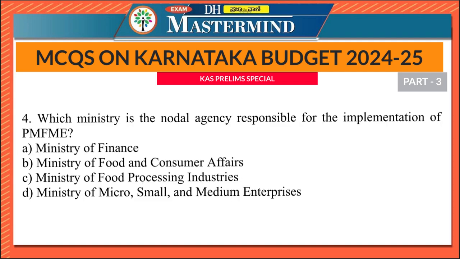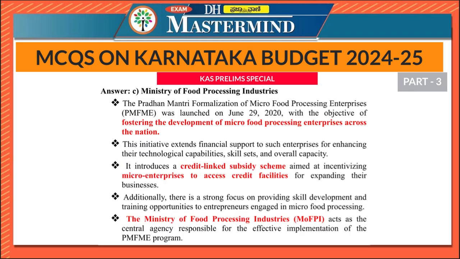Fourth question says, which ministry is the nodal agency responsible for the implementation of PMFME? PMFME means Pradhan Mantri Formalization of Micro Food Processing Enterprises. So the right option over here is option C, Ministry of Food Processing Industries. The Pradhan Mantri Formalization of Micro Food Processing Enterprises was launched on June 29, 2020, with the objective of fostering the development of micro food processing enterprises across the nation.